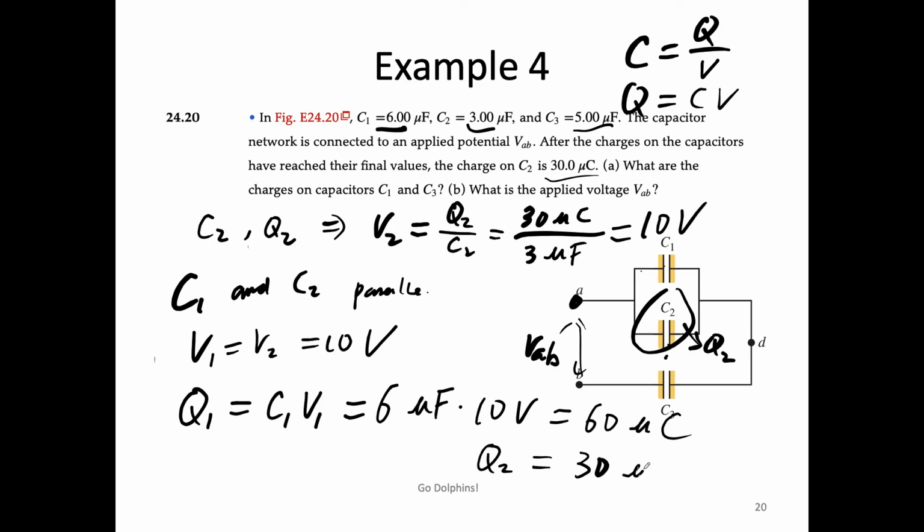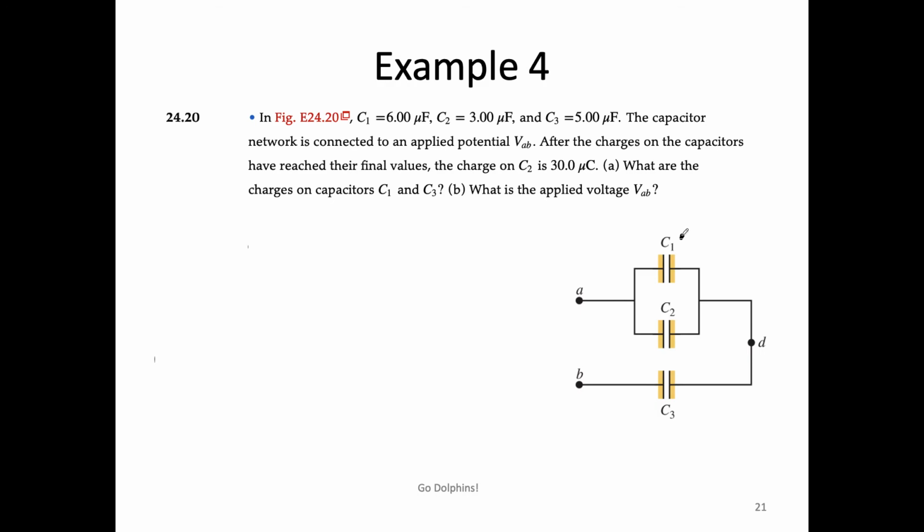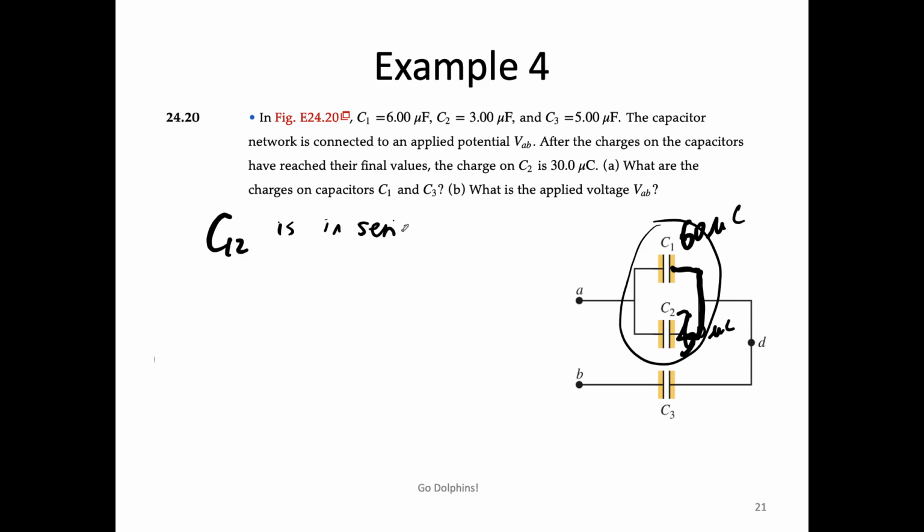Q1 is 60 microcoulomb. Q2 is 30 microcoulomb. And C1 and C2 are connected in parallel. So you have 60 microcoulomb here, 30 microcoulomb here. And we say C12, which is the equivalent capacitance of C1, C2 in parallel, is in series with C3.